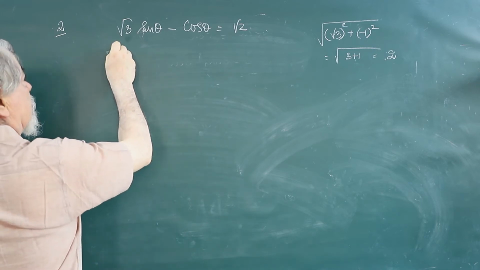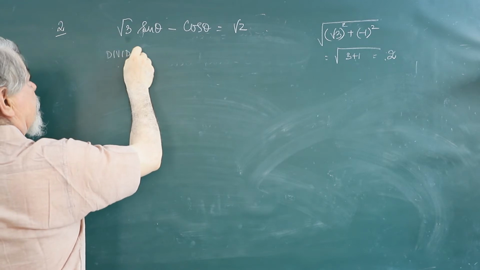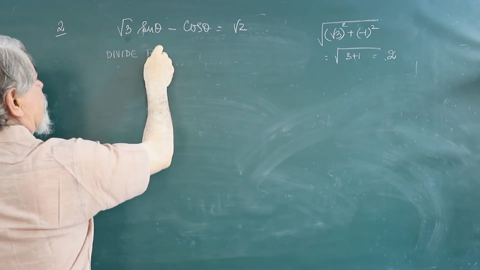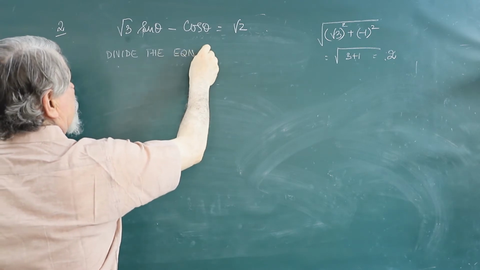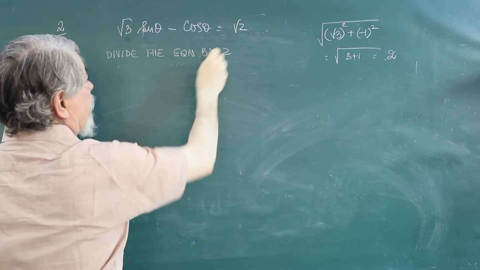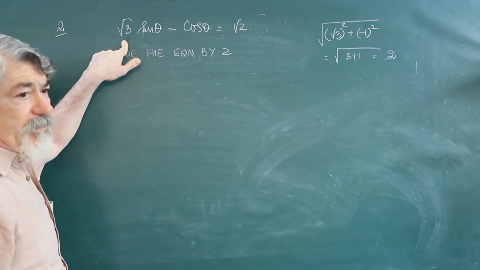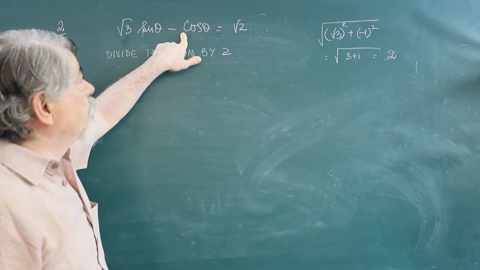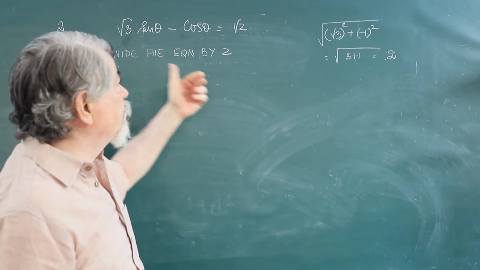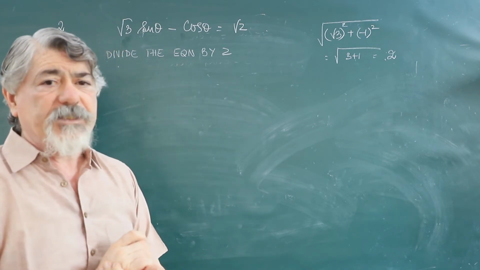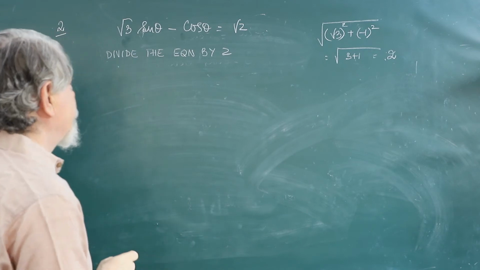Divide the complete equation by 2. Whatever is the coefficient here, square it, whatever the coefficient here is, square it, add them, and whatever comes, you divide the whole equation by it. You will see the logic behind this just now.